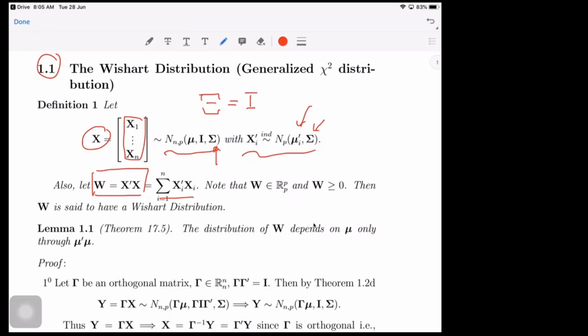Note that W here is now a p by p matrix, and in general, it's a non-negative definite matrix. So if that is the transformation, W is a Wishart distributed random matrix, or is said to have a Wishart distribution.